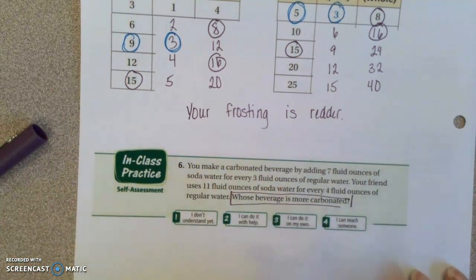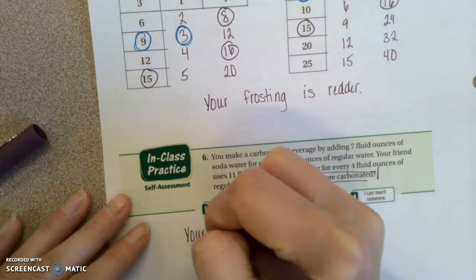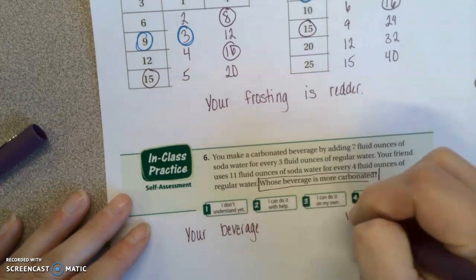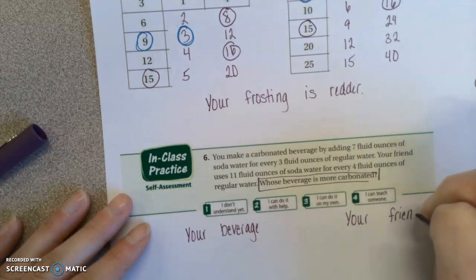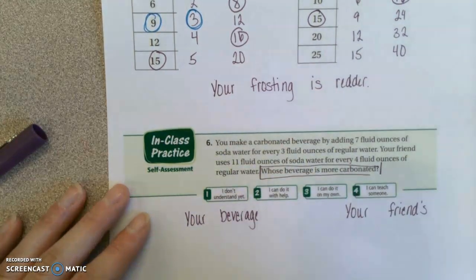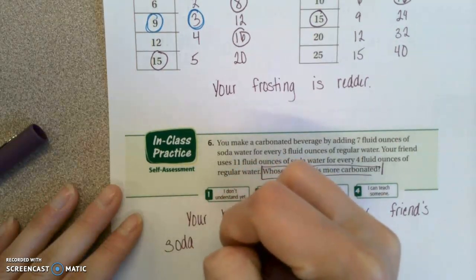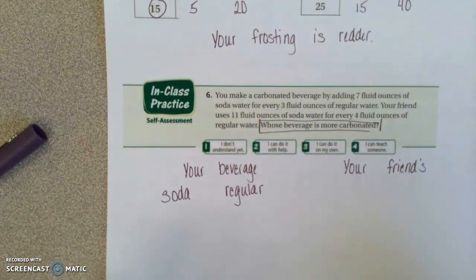So we're comparing your beverage to your friend's. And what we're looking at is the amount of soda water to the amount of regular water. So I'm just going to call this soda and regular. And then when you make your ratio table, you don't have to have the boxes that are the same size or anything like that.